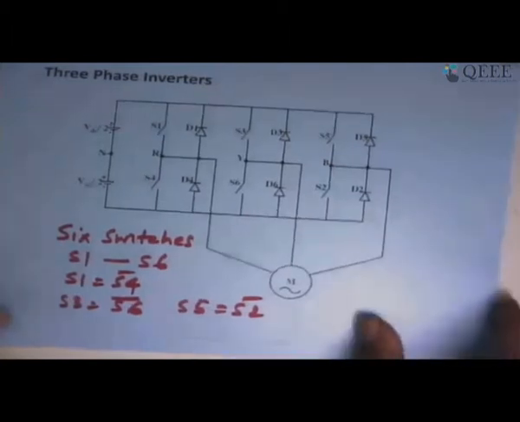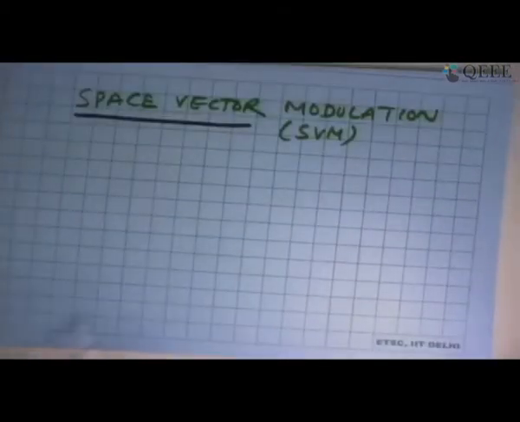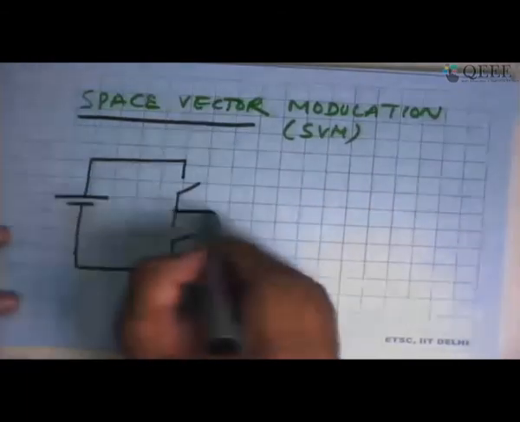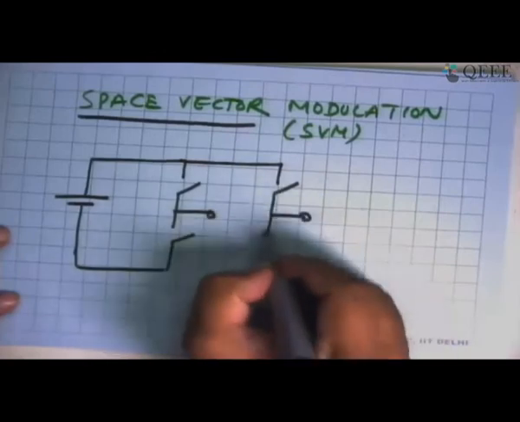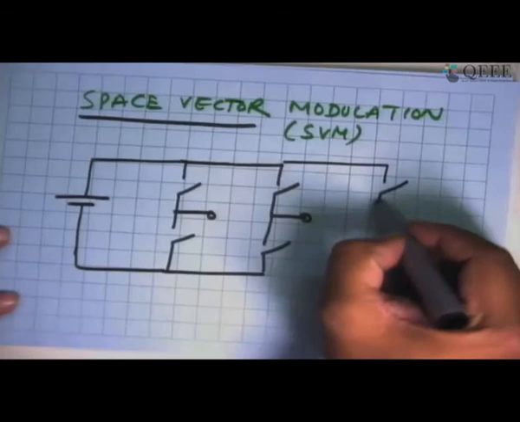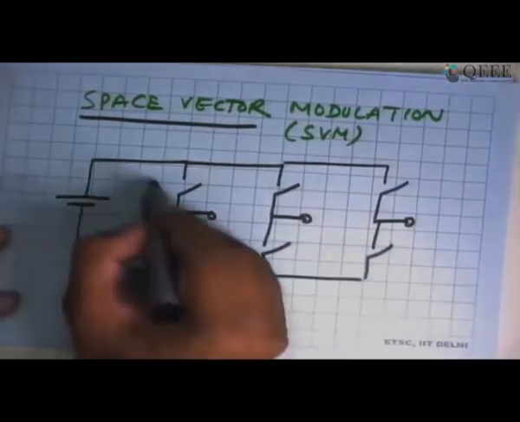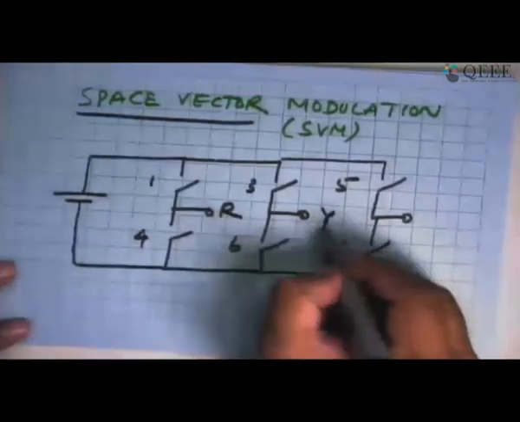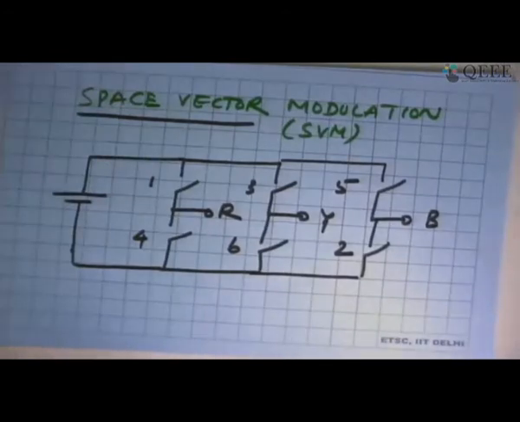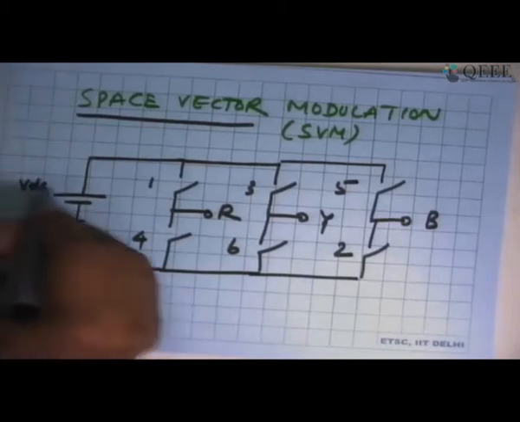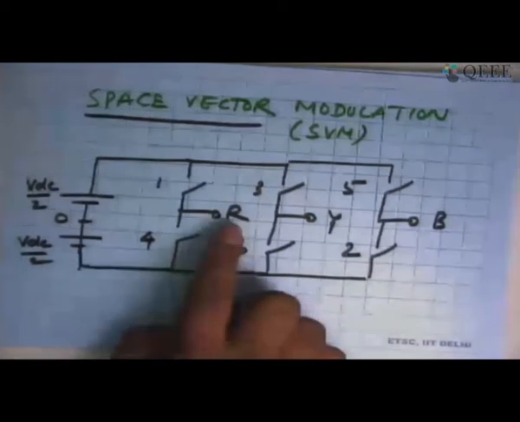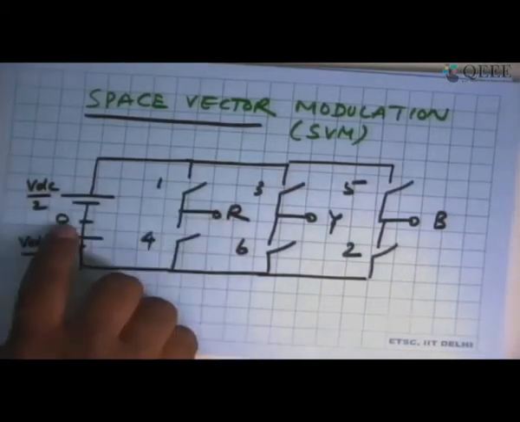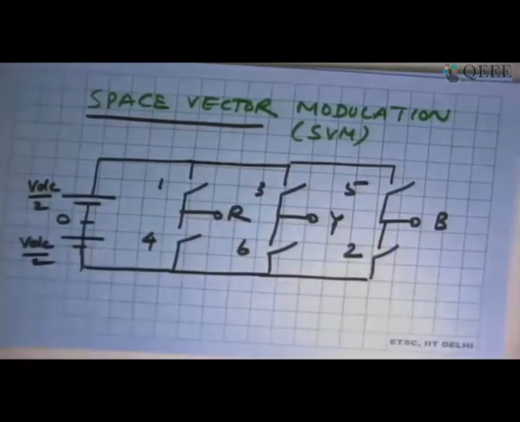If you try to see this circuit in a slightly different way, R, Y, B are the poles of the inverter, and we have seen that RO, YO and BO are the pole voltages.